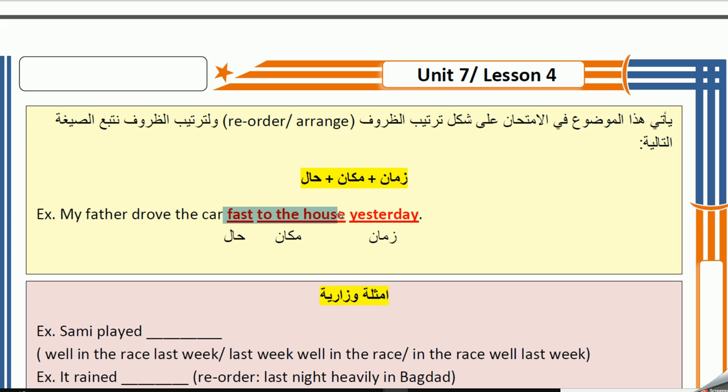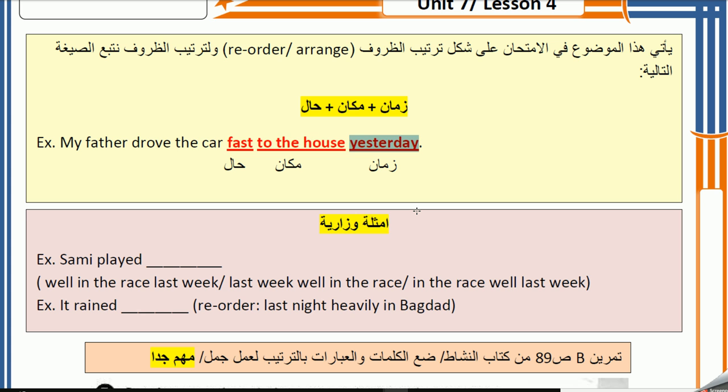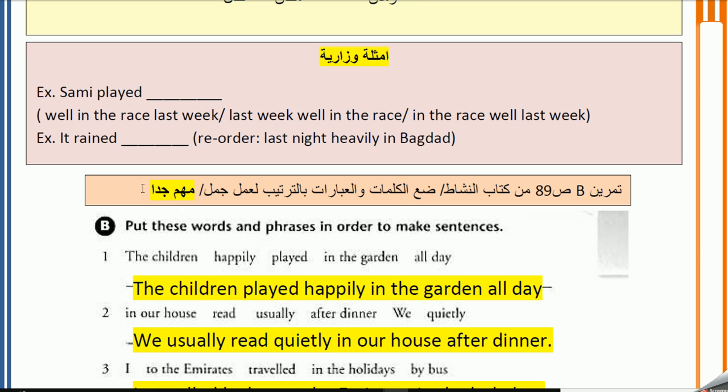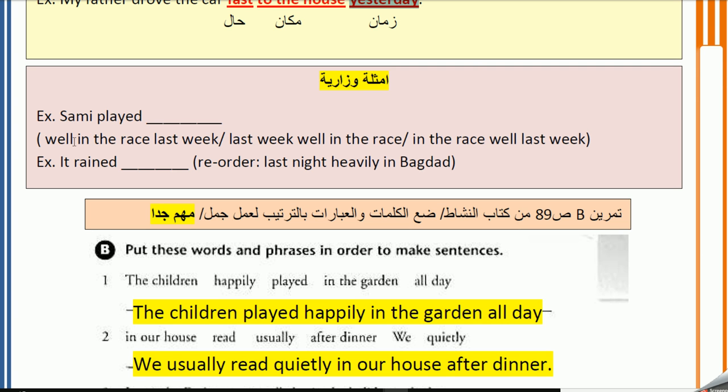To the house, adverb of place. Yesterday, adverb of time. There are examples for our subject. Sammy played, for example, well in the race last week. Last week, well, in the race, or in the race, well, last week.